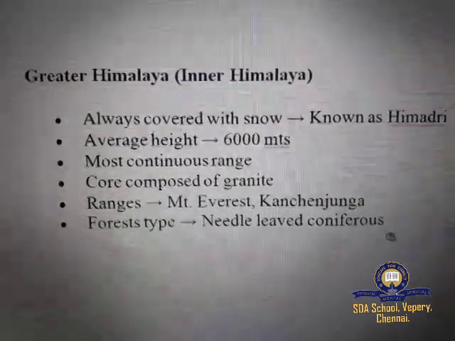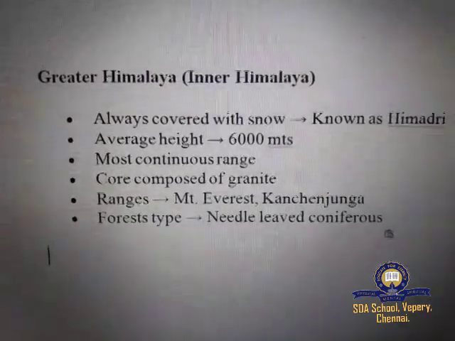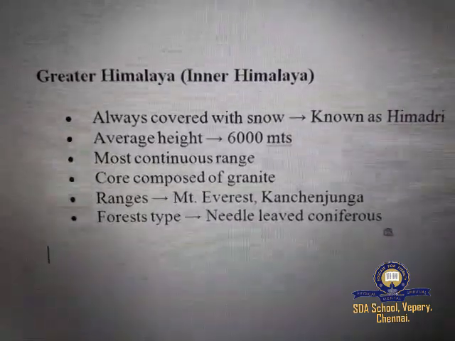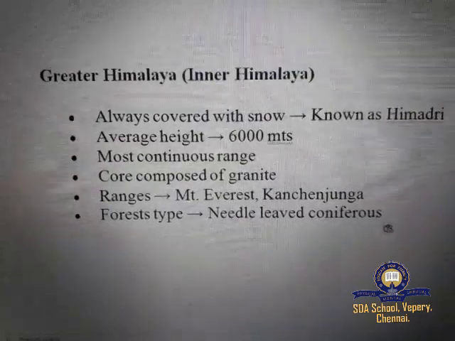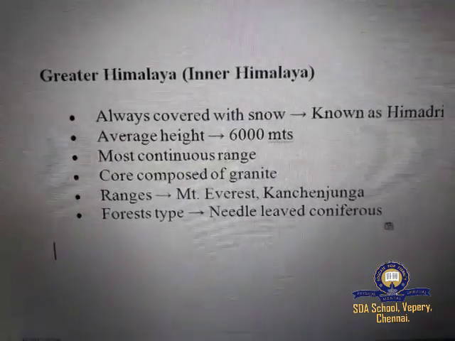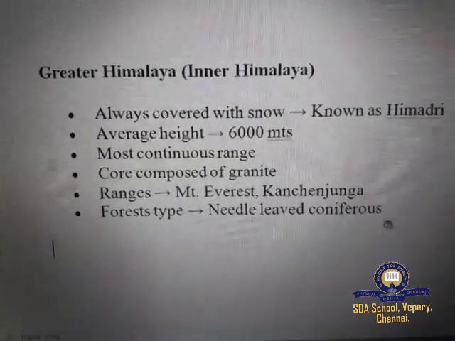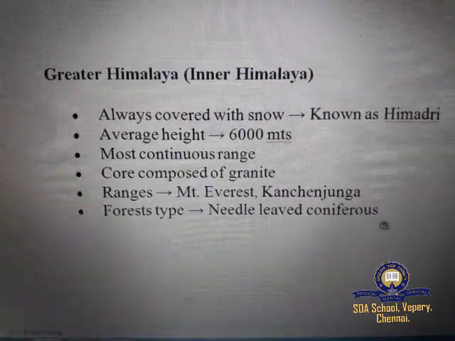The main divisions of the Himalayas are the Greater Himalayas, the Lesser Himalayas and the Shivaliks. The Greater Himalayas are the Himadri. The Greater Himalayas are about 25 km wide. Its average height is about 6000 meters.